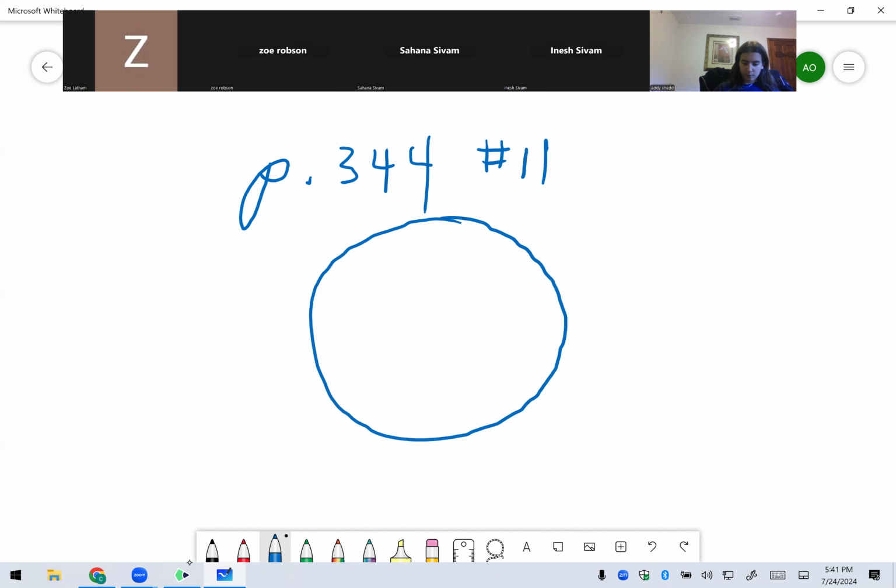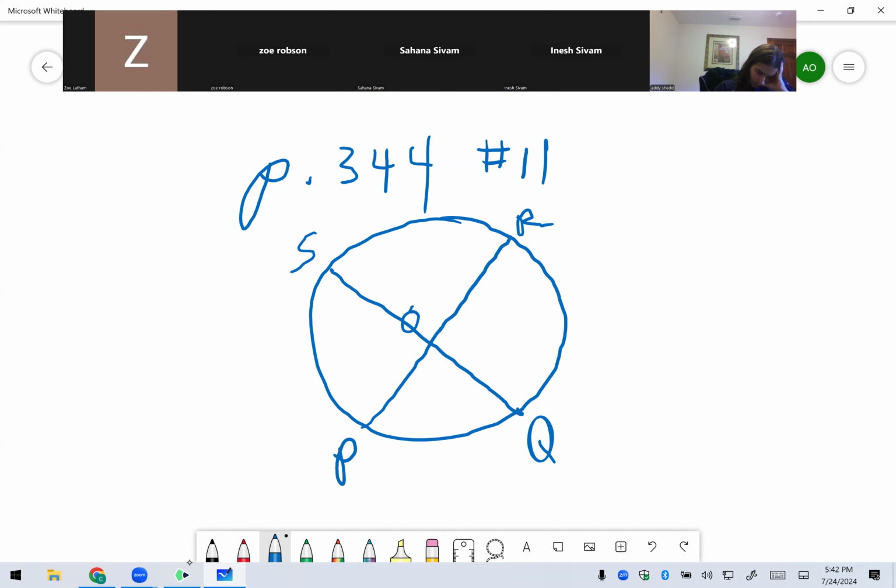Come on, make a good circle. That's not very good. Okay, so if we have O as the center, and PR and QS, and we already know the circumference is 144 pi.